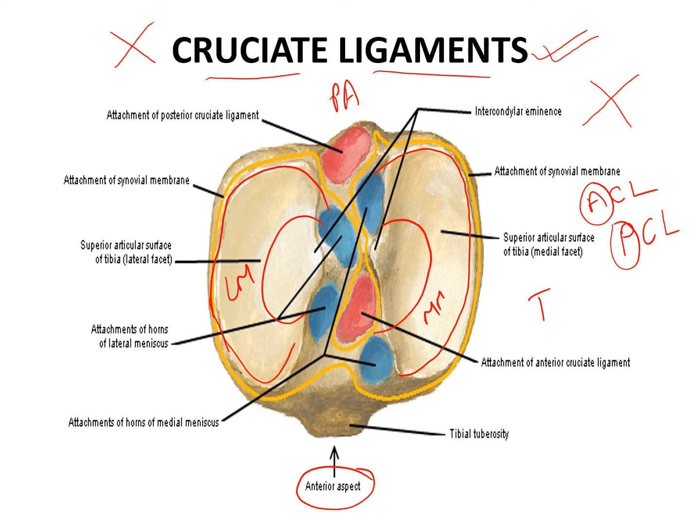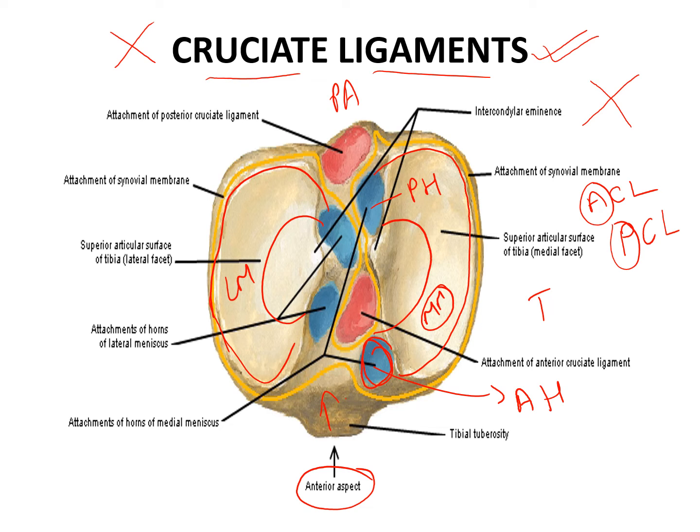So the menisci will have two horns. One is the anterior horn which is placed anteriorly, and the other is the posterior horn which is placed posteriorly on the tibia. So moving from anterior to posterior aspect in the intercondylar area of the tibia, we will first encounter the anterior horn of the medial meniscus.